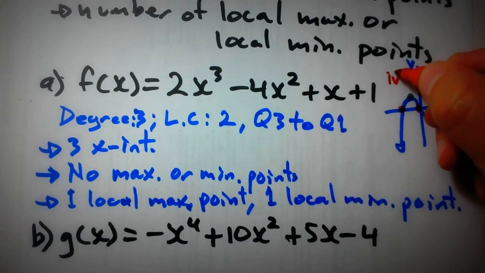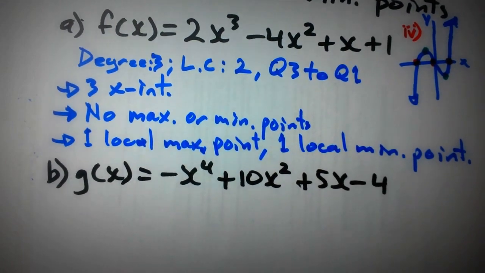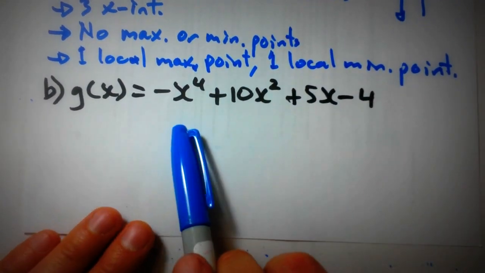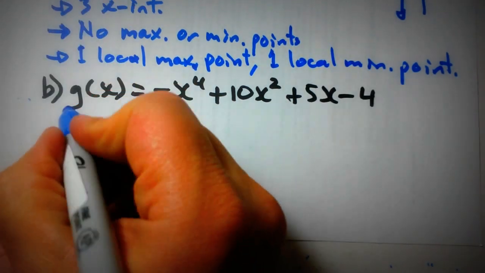Now let's look at the second example. Very similar. Let's start by investigating this one. What's the highest degree here? It's an even degree function. It's a degree of 4.